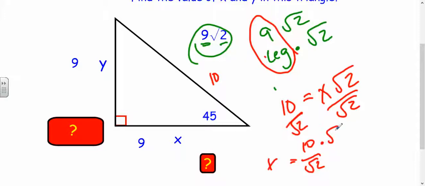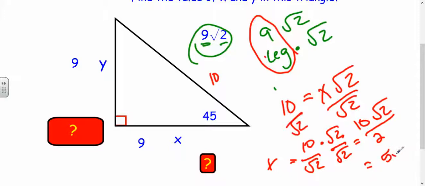We have to multiply this so that the square root of 2 times the square root of 2 is just 2, over 10 square root of 2. So that means 10 divided by 2 is 5, right? Square root of 2. So then x would be 5 square root of 2. Okay? So this is just an example.